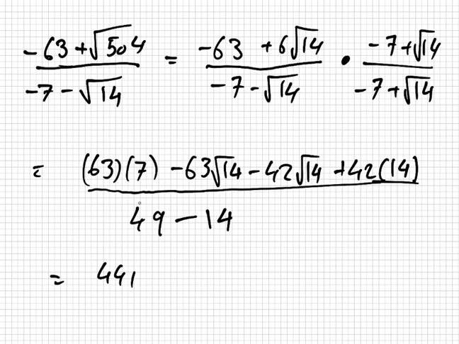It's 525 minus 105 square root of 14. One at a time. It's 525 minus 105. This is the final answer of the denominator. No, this is correct. The final answer.